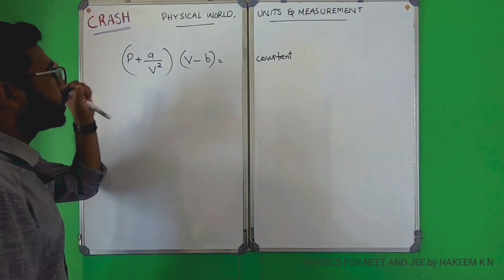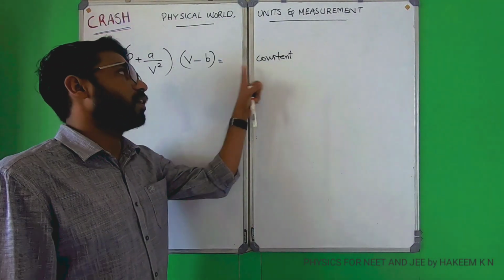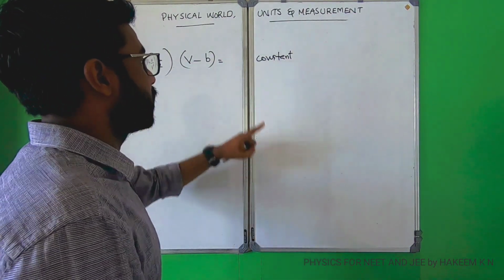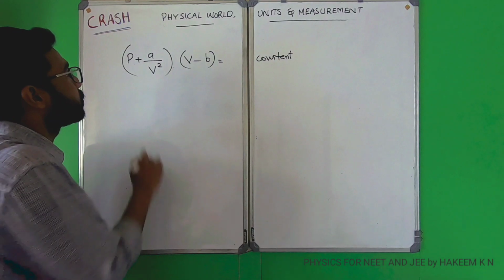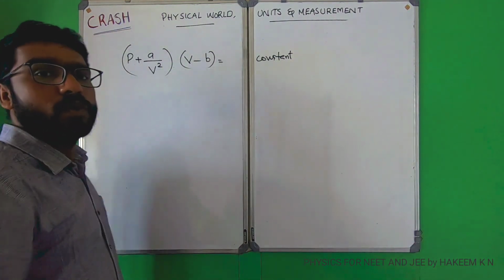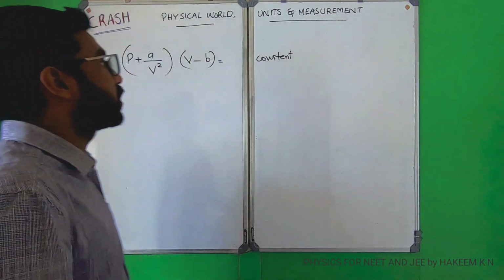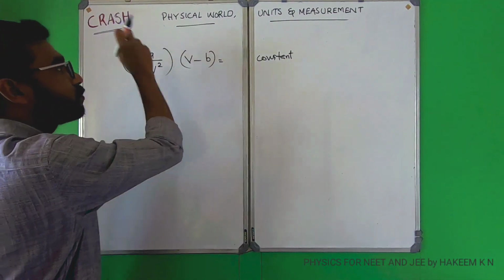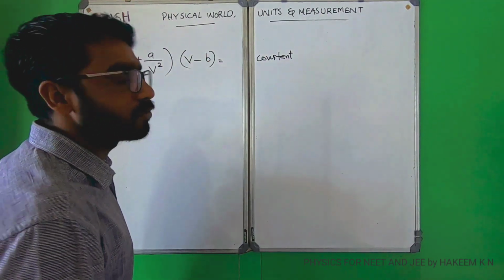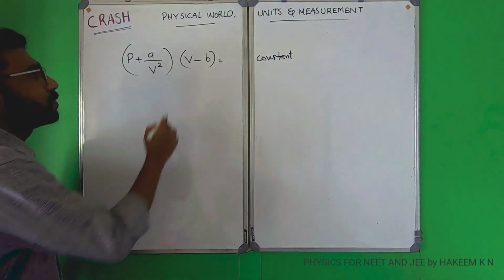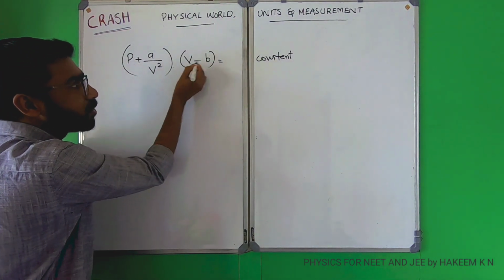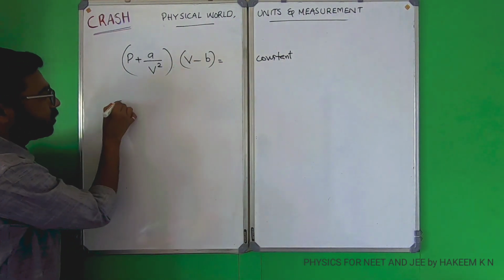P plus A by V square into V minus B equal to constant. This is the van der Waals equation for real gas conditions. P is the pressure, V is volume. A and B are van der Waals constants. The question is how to find the unit and dimension of A and of B. First we can find the dimension of B from here according to the principle of homogeneity.